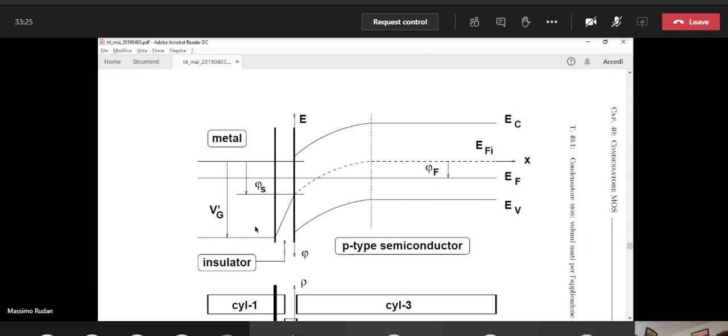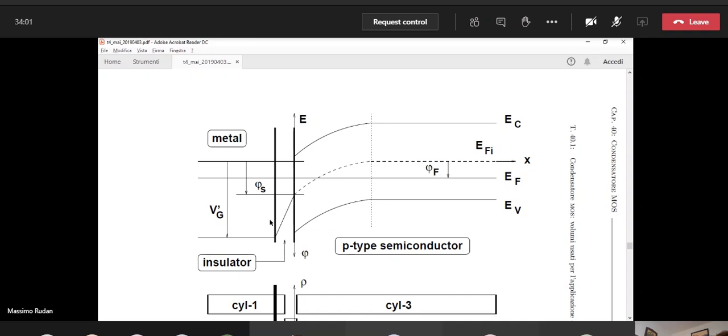So the insulator is a one-dimensional region free of charge. So when we solve the Poisson equation in the insulator, we have simply that the second derivative of the electric potential is zero because there are no charges inside the insulator, okay? Since the second derivative is zero, it follows that the electric potential inside the insulator is linear.